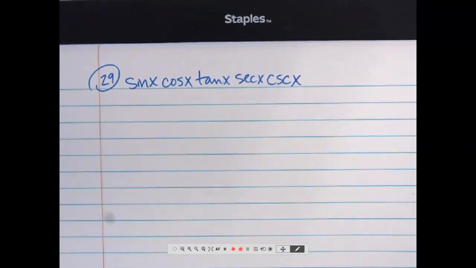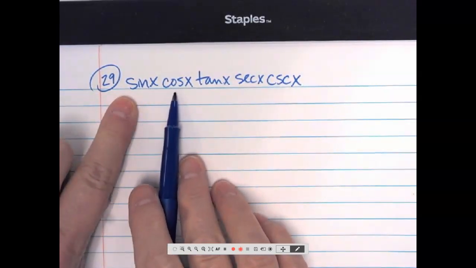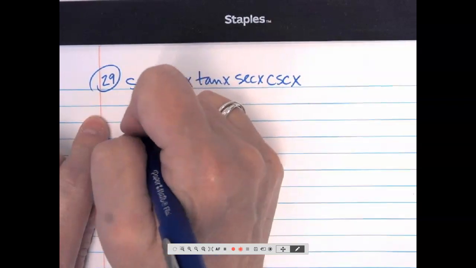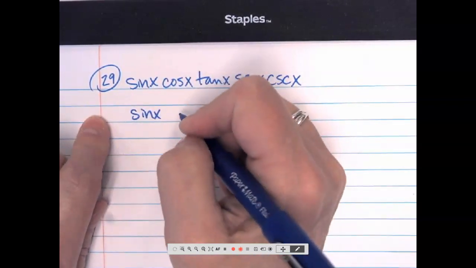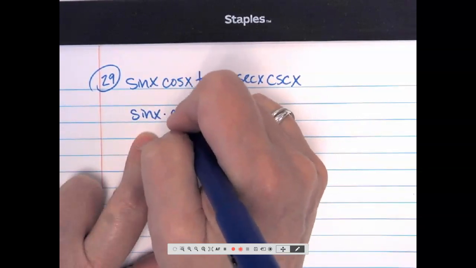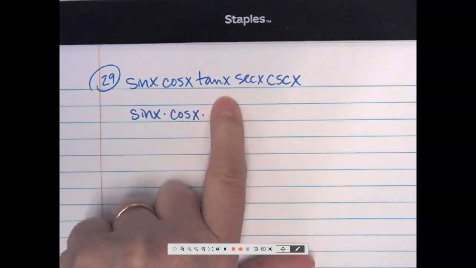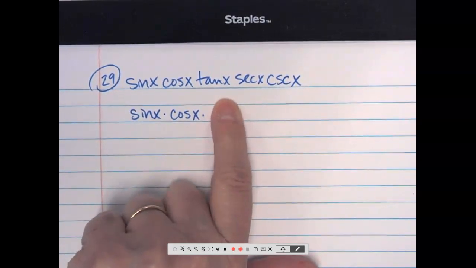Okay, but let's do what the directions said and change everything in terms of sine and cosine. So I'm going to leave these two alone. Those are already in terms of sine and cosine. Don't change them to like 1 over cosecant and 1 over secant. That would definitely make things harder. But I can change tangent to what?